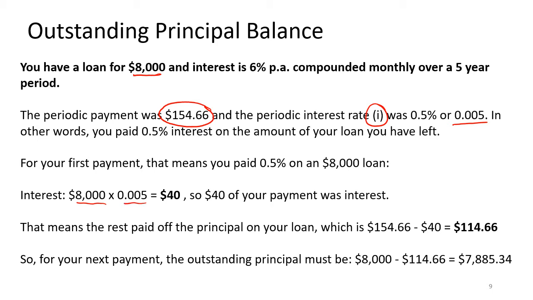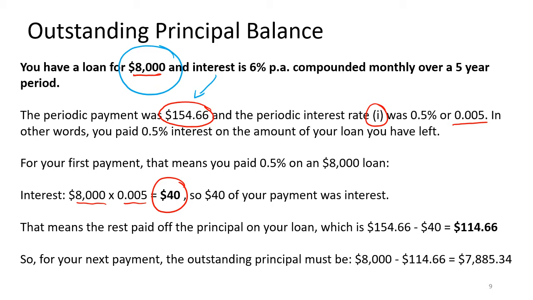In other words, 0.05. Or in other words, you're paying $40 in interest. Okay? But remember, the payment was $154.66. So what that means is the rest of that payment is the amount you're actually paying off of the actual loan value, in this case, $8,000.